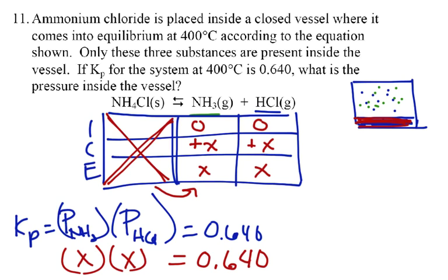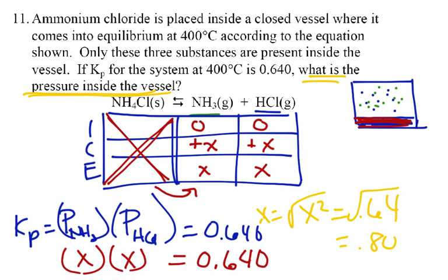Now, what I would like to point out here is, what is the question asking? What is the pressure inside the vessel? I know for myself that I would get to the point where I say, okay, x squared is equal to 0.64, take the square root, so x equals 0.800, and I'm going to say that's atmospheres. I would be so excited to have my answer.